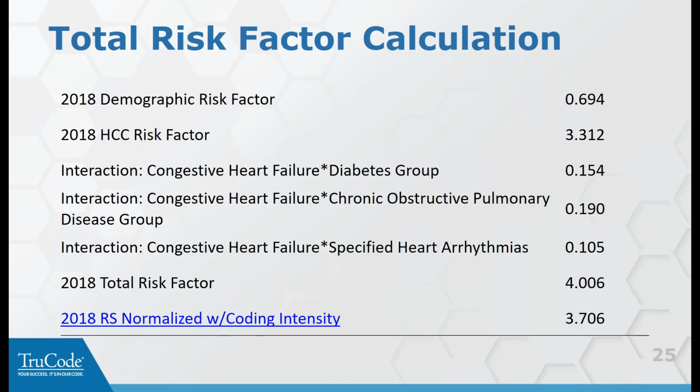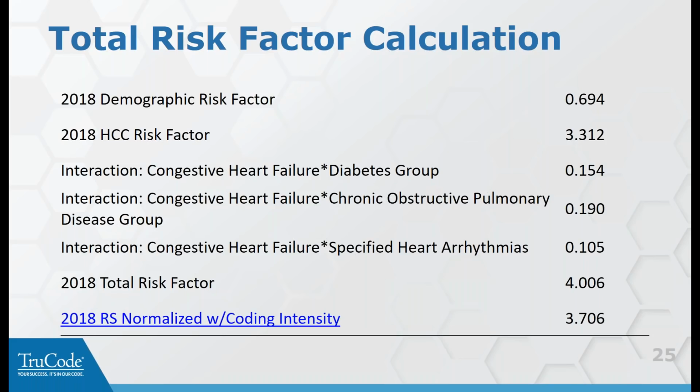Then, however, you see that they have this normalized with coding intensity subtraction that they do. They've kind of been doing that in the MS-DRG world for a while as well, but they sort of take away a little bit there. I think the amount that they subtracted there was 0.116 or something to that effect.